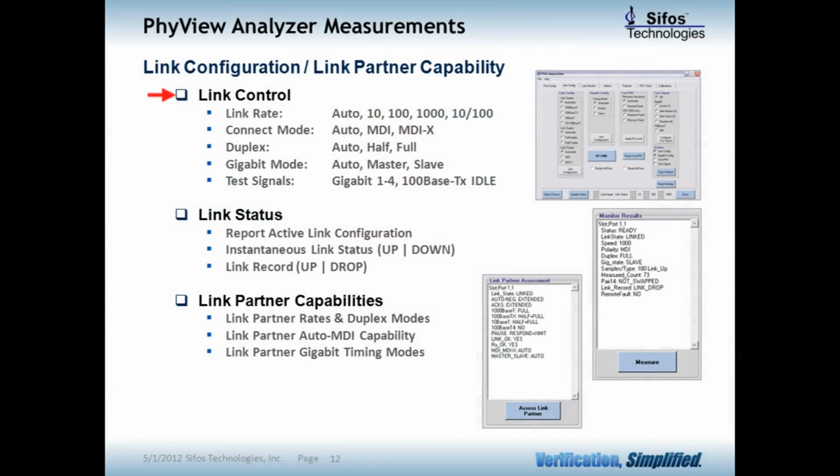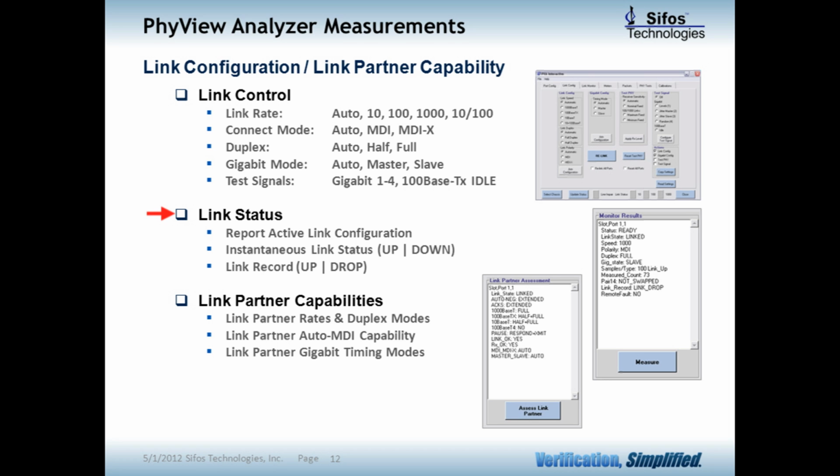Every PhyView analyzer port offers a full range of link configurations that can be used to force ports under test into desired link modes. These include link rate, connection mode, duplex mode, and gigabit timing mode. Additionally, test ports can be configured to output Ethernet test signals, including gigabit signals 1 through 4 and 100BASE-T idle signal.